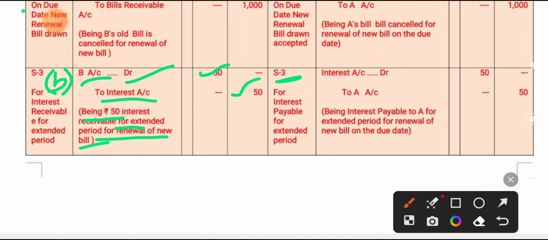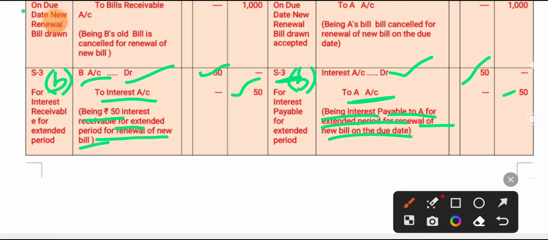In the same way, in the books of B, in situation 3, b general entry, interest is expenditure to B, so interest account will be debited. To whom does he need to pay that interest? A. So to A account rupees 50, being interest payable to A for extended period for renewal of new bill.